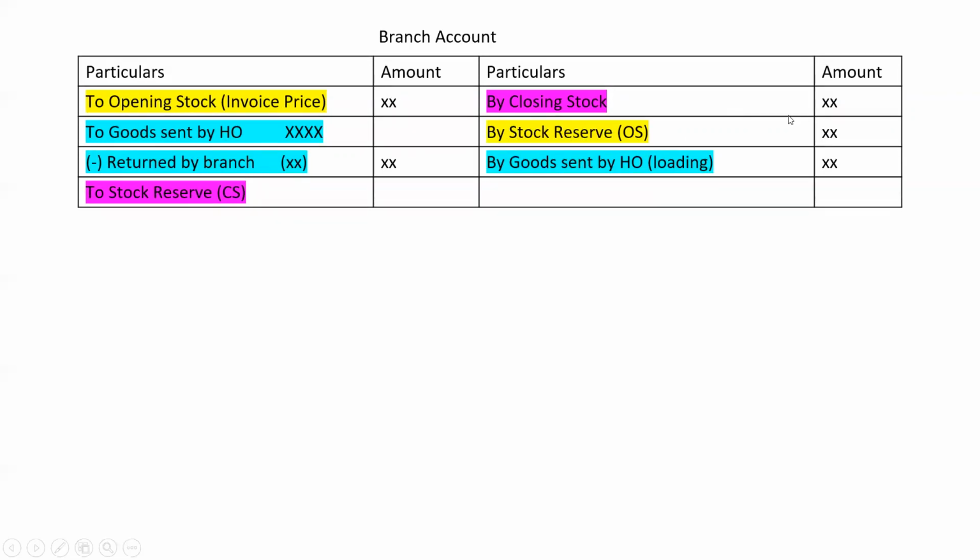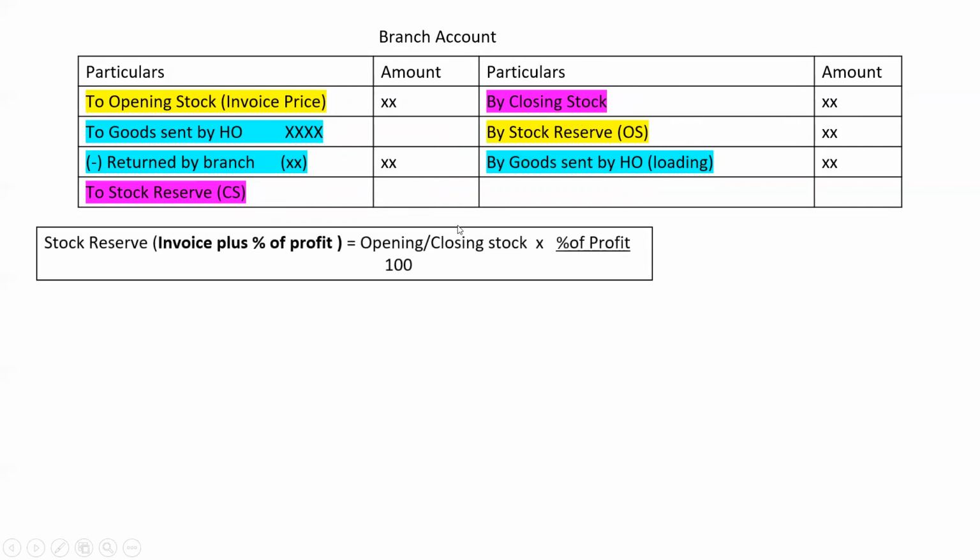When it comes to closing stock, the information is on the credit side. You can see the stock reserve is on the opposite side. So if it is 20,000 here and the profit is 2,000, ultimately the balance will be 18,000. Same, goods sent will be on the debit side. The opposite will be the calculation which is done, so that it reduces the profit automatically.